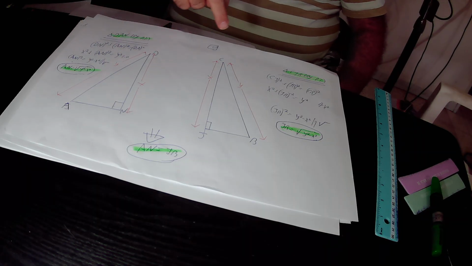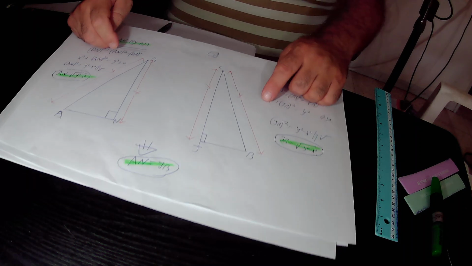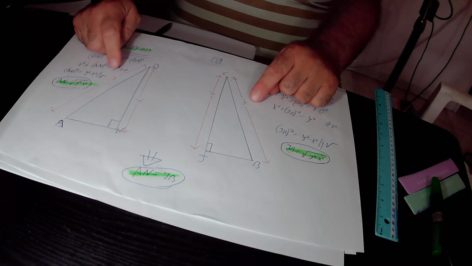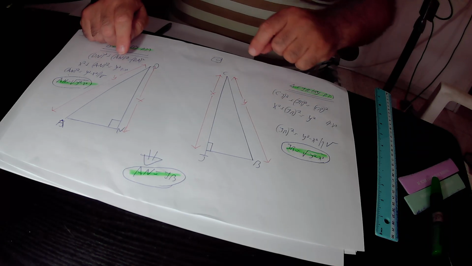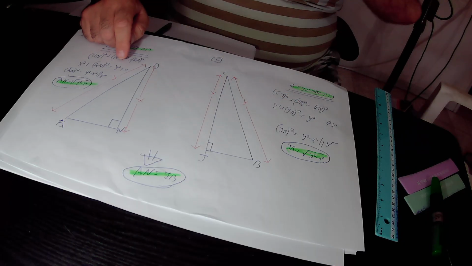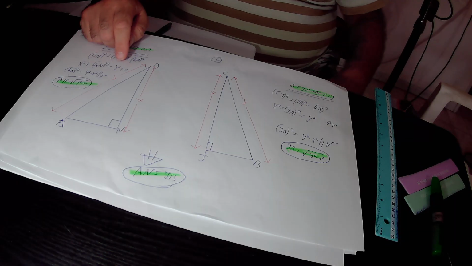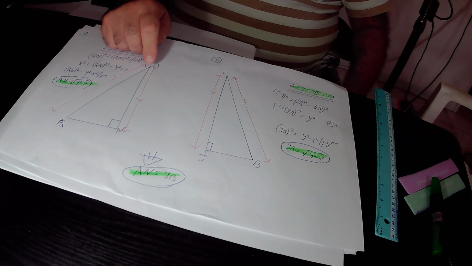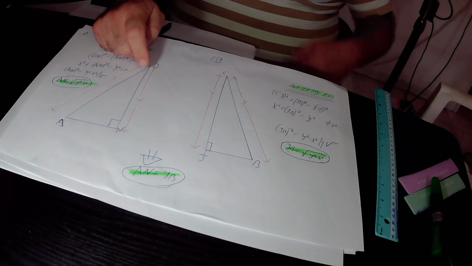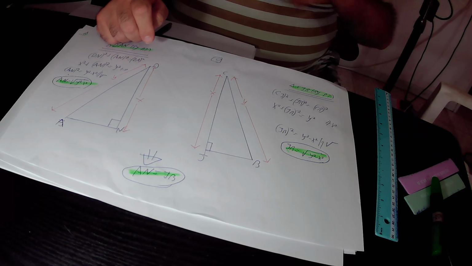Side DA equals side CB equals 41, so we define the length of those 2 sides as y. And CJ equals DN according to the rule that the opposite sides of a rectangle are equal to each other. So if side DN equals x, then side CJ must also be equal to x because they are equal to each other.